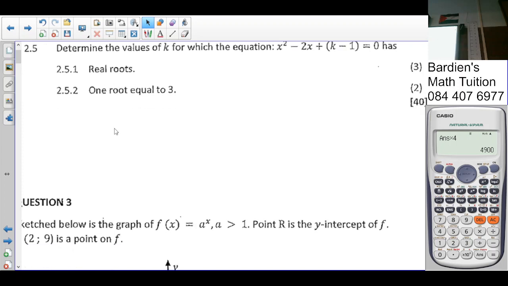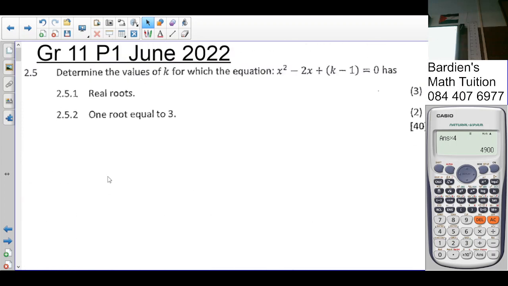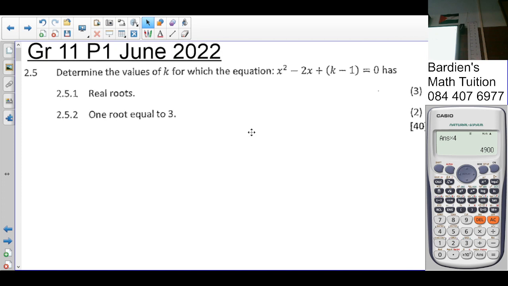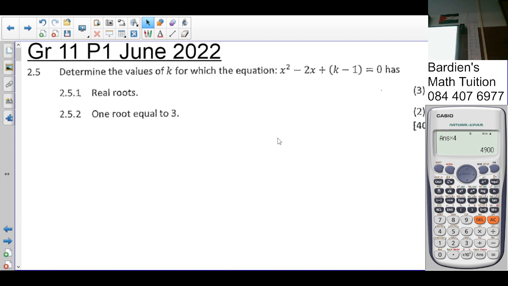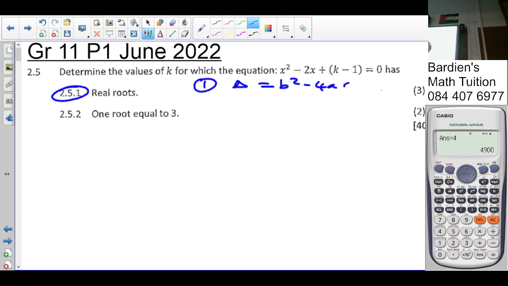Okay, 2.5, the question says, determine the values of k for which the equation x squared minus 2x plus k minus 1 has real roots. The roots are dependent on delta, which is b squared minus 4ac.